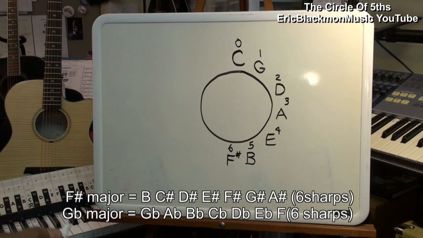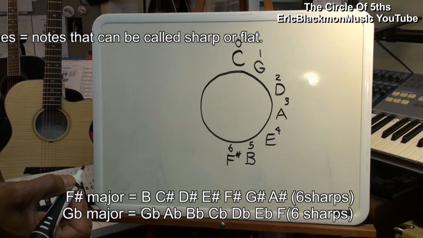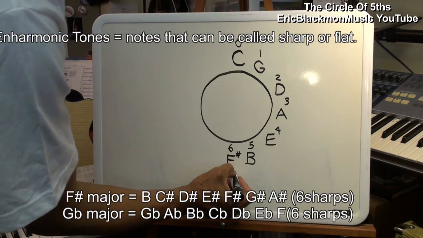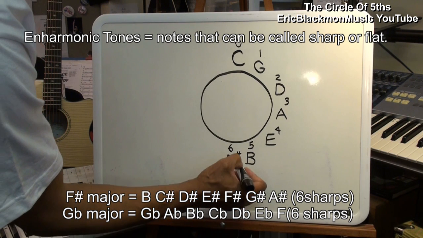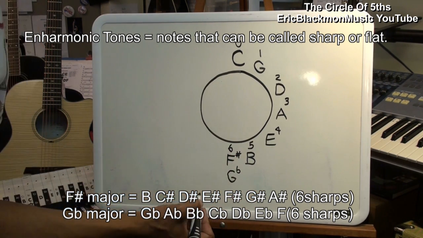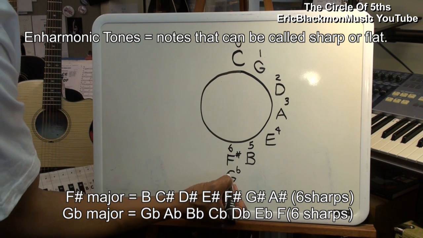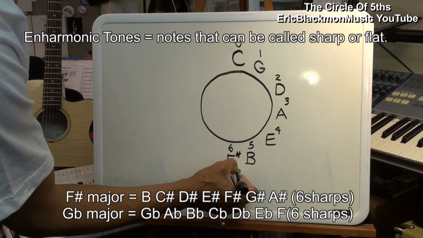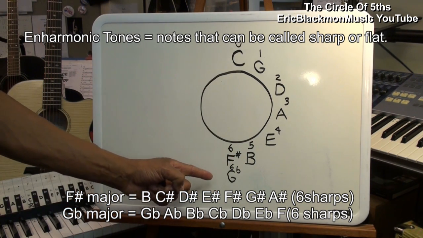Now F sharp major and G flat major have the same number of enharmonic tones. The only difference is they're flat. The enharmonic tones in the key of G flat major come to 6. So basically, those are the same keys.